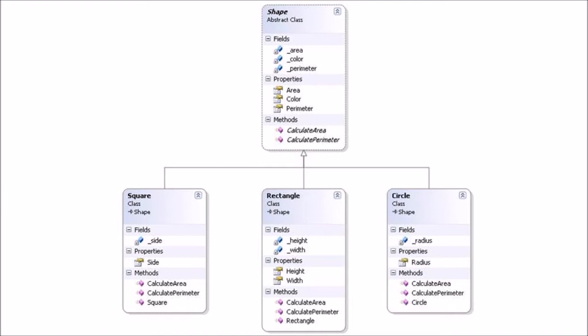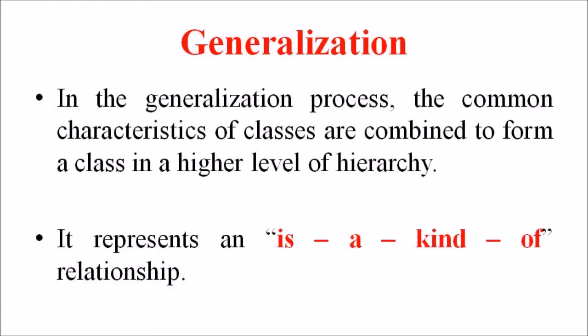Next are the terms generalization and specialization. Generalization and specialization represent a hierarchy of relationship between classes where subclasses inherit from superclasses. In the generalization process, the common characteristics of classes are combined to form a class at a higher level of hierarchy. That is, subclasses are combined to form a generalized superclass.